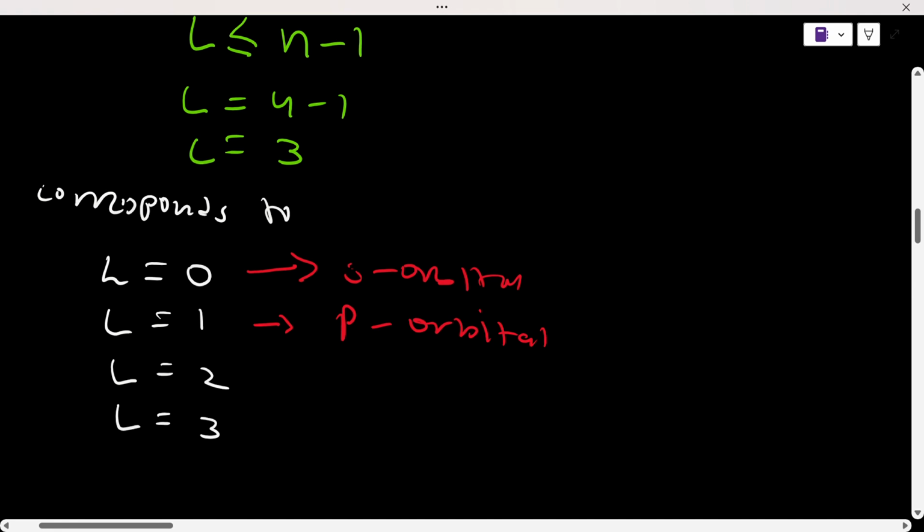When L is equal to 2, I'm referring to the d orbital. When L is equal to 3, I'm referring to the f orbital.